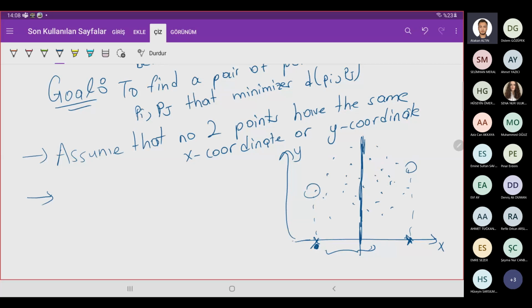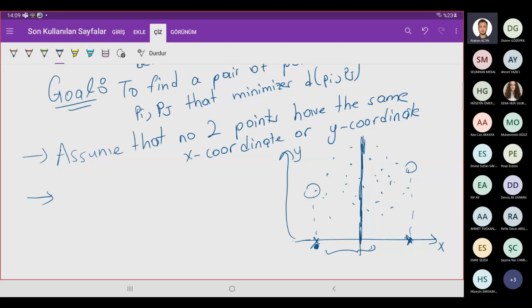So if I know the minimum, now as with our previous problem, I have 3 types of points. The points where both are on the left region, both points are on the right region, and there are these points where one of them is on the left and the other one is on the right.